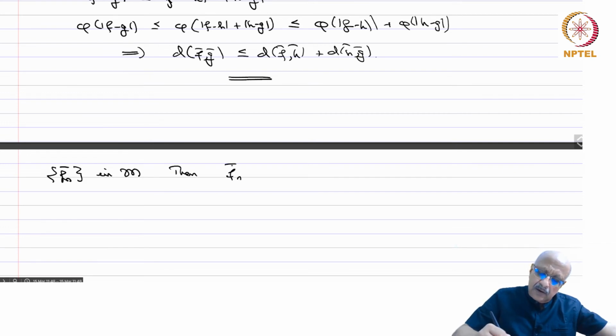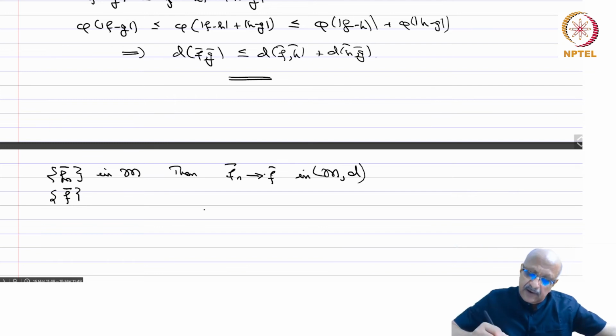Then F_n bar, and let's say f bar also in M, converges to f bar in M_D, that is with respect to this metric, if and only if F_n converges to f in measure.